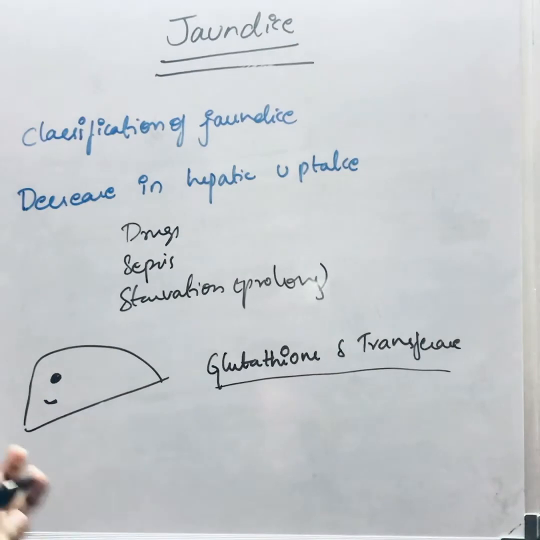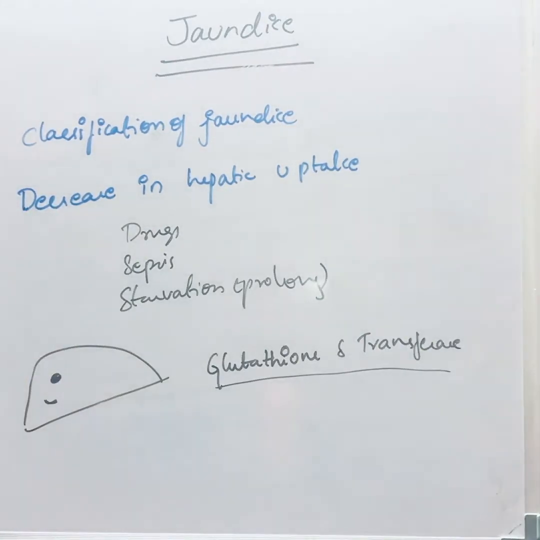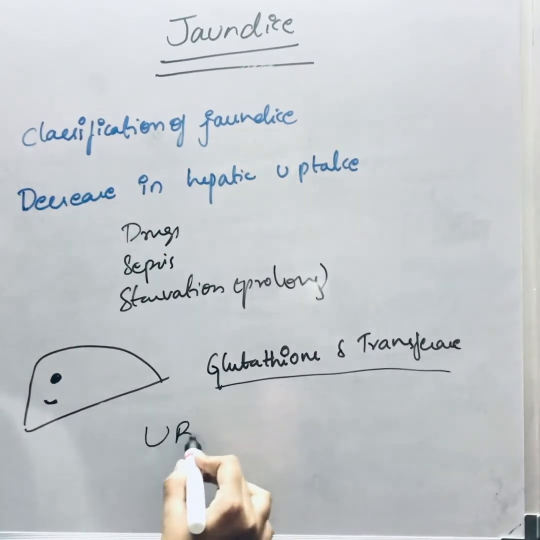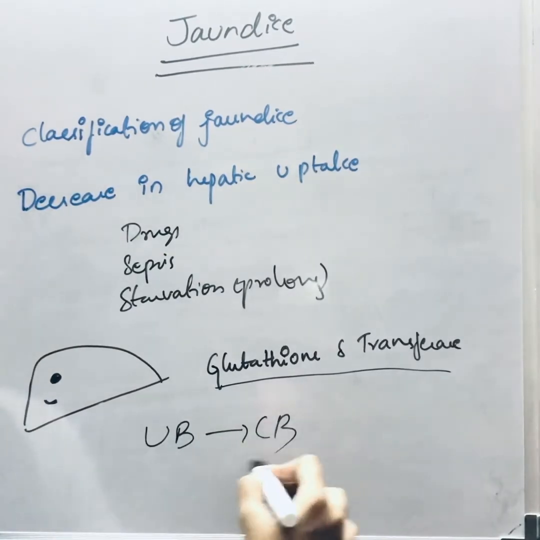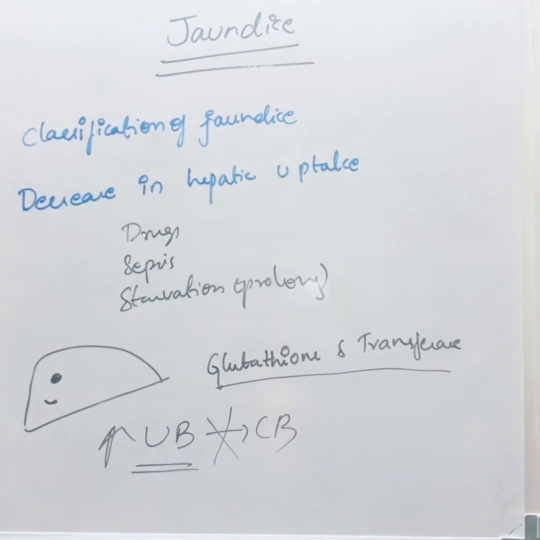If there is any disturbance in this process, the hepatic uptake is reduced. Because of that, the unconjugated bilirubin is not converted into conjugated bilirubin, so this unconjugated form is increased in our blood. Okay, this is all about the decrease in hepatic uptake.